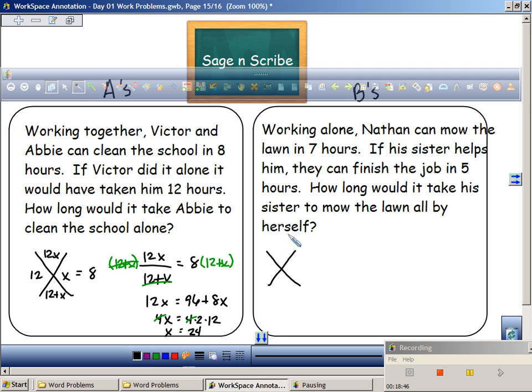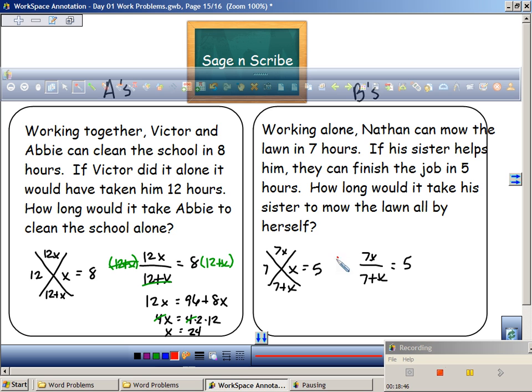Working alone, Nathan can mow the lawn in 7 hours. If his sister helps him, they can finish the job in 5. How long would it take his sister to mow the lawn all by herself? 7x, 7 plus x. My ratio is 7x compared to 7 plus x equals 5.